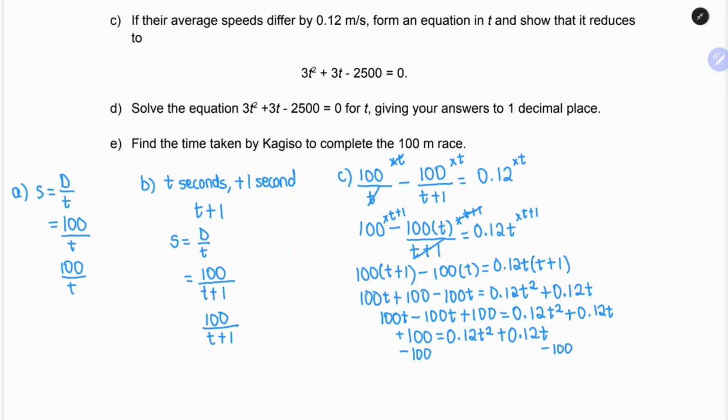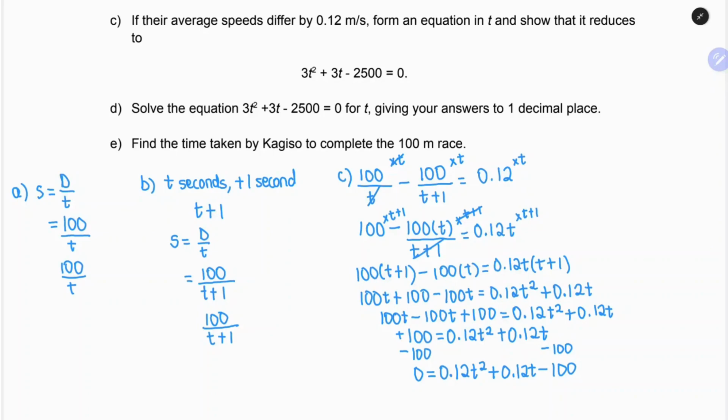So this positive 100 minus 100 is going to be 0. Obviously, 100 minus 100 is 0. So we remain with 0 on one side. And then we'll have 0.12 t squared plus 0.12 t minus 100.